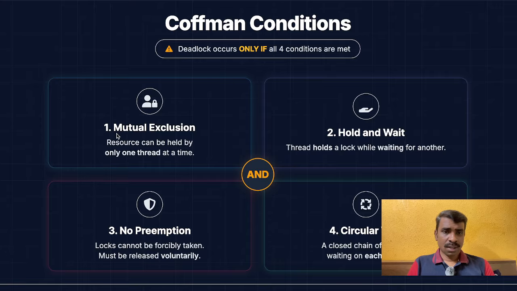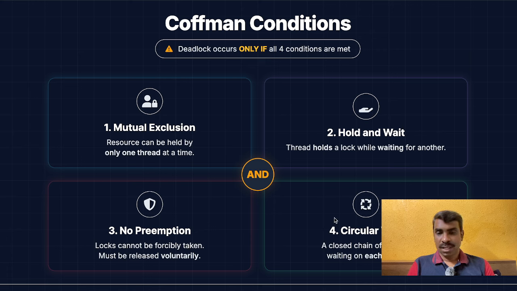First condition is mutual exclusion. A resource can be held by only one thread at a time. Second one, hold and wait. A thread holds a lock while waiting for another. Then no preemption. Locks cannot be forcibly taken, they must be released voluntarily.